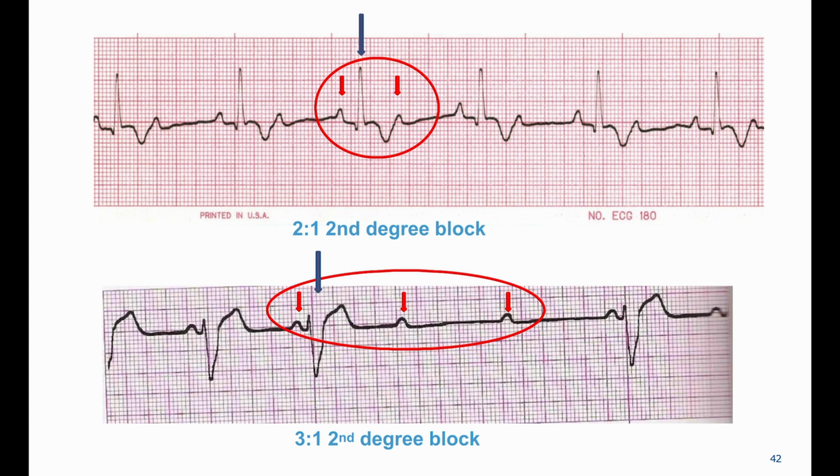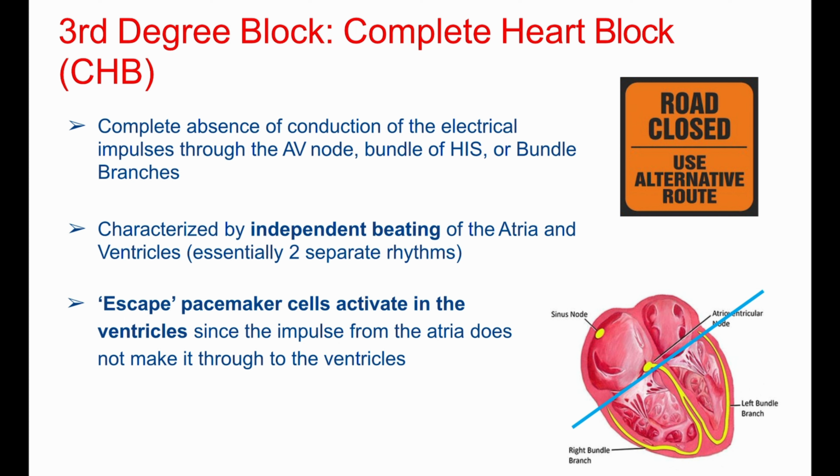Third degree block, complete heart block. That means the node is closed, the path is closed, so nothing happens beyond that point. There is complete absence of conduction of electrical impulses through the AV node, bundle of His, or bundle branches, characterized by independent beating of the atria and ventricles.